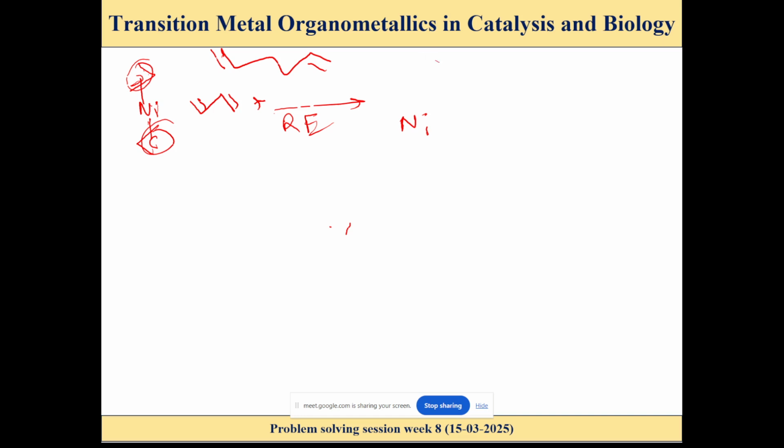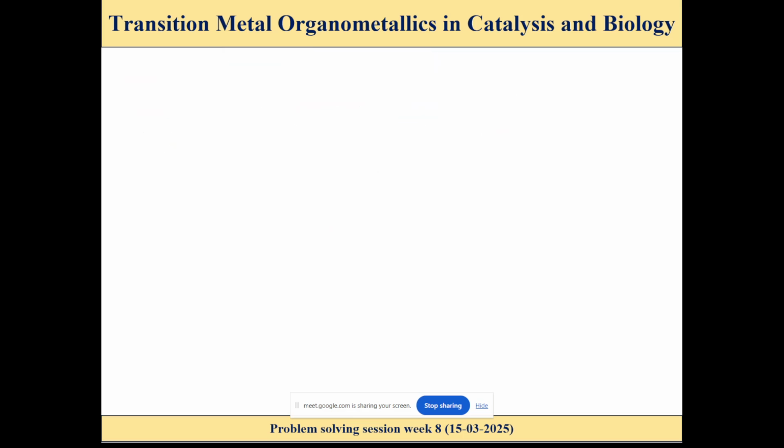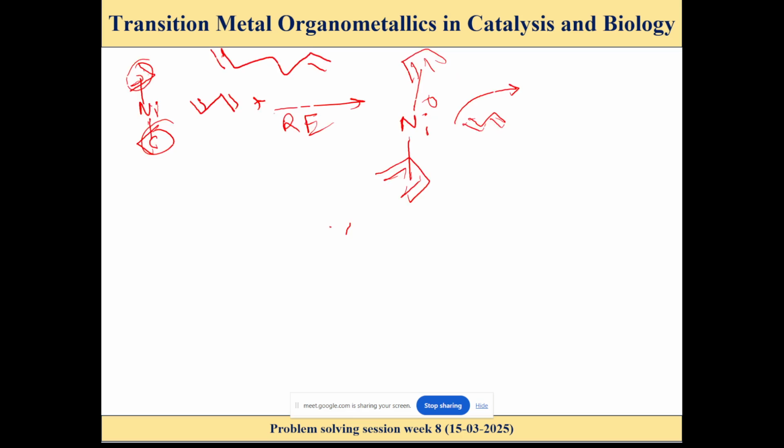And then you can have this double bond which is connected to this, and we have another double bond which is connected this way. And here nickel is in 0 oxidation state. Now if we have the oxidative addition of another butadiene molecule, this is called the oxidative addition, OA.